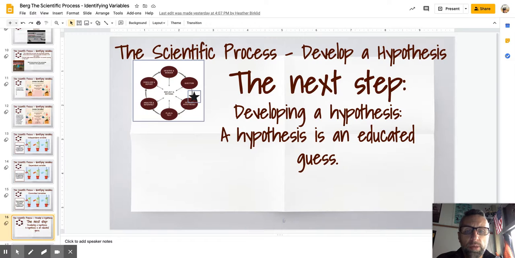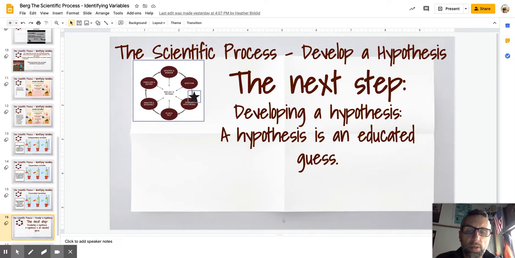Last year, you probably learned that a hypothesis is an educated guess, which is true. Problem is sometimes people think they did a bad experiment if they didn't predict correctly what's going to happen. And that's really not the case in science. We learn by looking at all the possible outcomes and then seeing which one is correct.